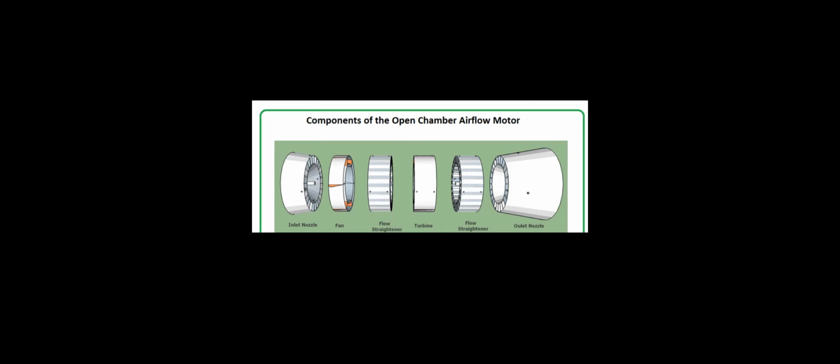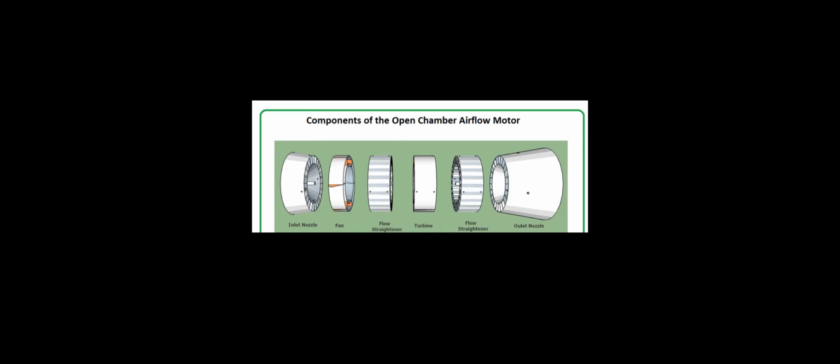This is followed by a blower or fan, and after this there comes a flow straightener module, in which the airflow from the fan is linearized somehow in order to reduce its turbulence before applying it to the next module, which is the turbine. This turbine is a special one, designed by Solórzano, and he calls it a Thermal Airfoil Turbine, and it is the most important part of the airflow motor.